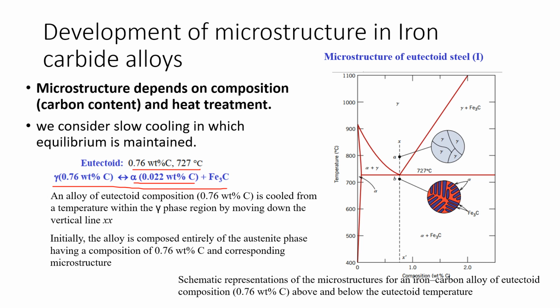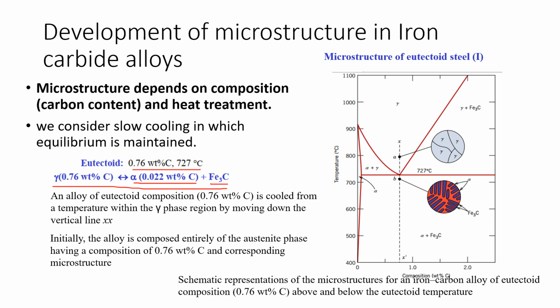The eutectoid reaction is this one, in which the austenite is transformed into two solids. One is iron carbide, the other is alpha ferrite, with a carbon content of 0.022% by weight.